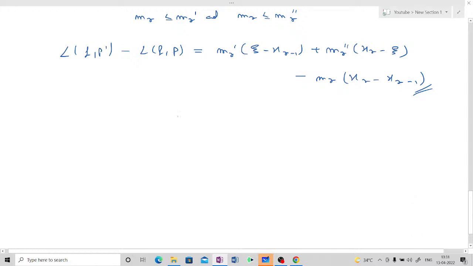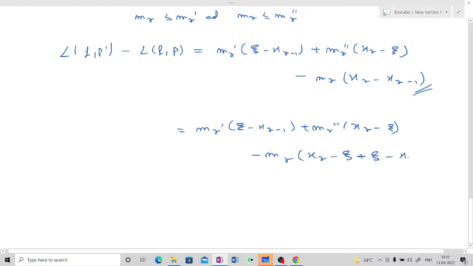Okay. Now let us do some simple simplifications. So this is mr prime times xr minus 1 plus mr prime xr minus eta minus, let us write this as xr minus eta plus eta minus xr minus 1, okay, which is, so if we expand this and take common xr minus eta and eta minus xr minus 1, what do we get?